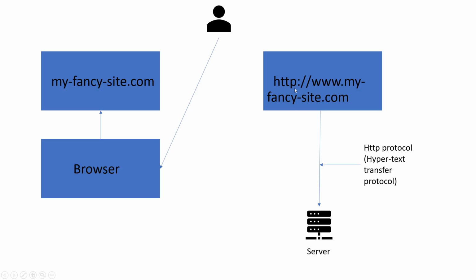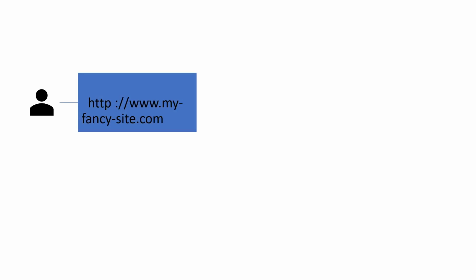Now, if you pay close attention, you will see that most websites have an S added to it. And now we need to understand what HTTPS means and what the difference is between HTTP and HTTPS. For example, if you visit your fancy website, behind the scenes the browser will go to the server, but in the process of going to the server, this data is traveling across the public internet.